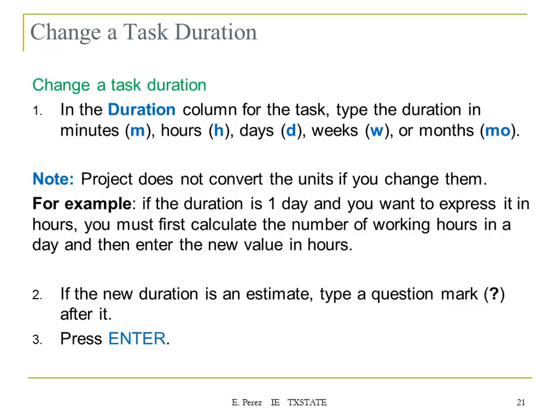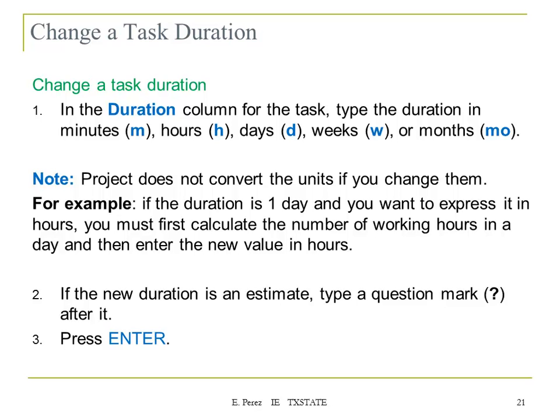For example, if the duration is 1 day and you want to express it in hours, you must first calculate the number of working hours in a day and then enter the new values in hours. So again, the software has an automatic setup in days, but you can change that setup to hours, minutes, months, or weeks, depending on the type of duration that you need for your project.